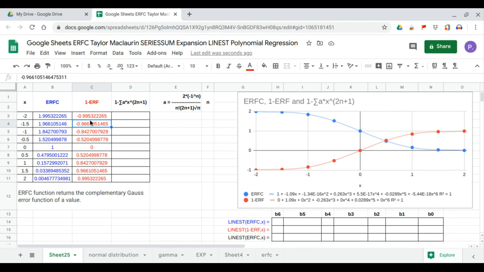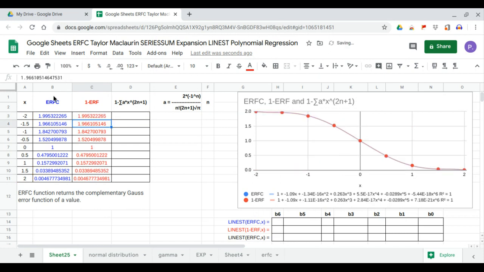The formula to get the value of ERFC is 1 minus ERF. So we change the formula to 1 minus ERF. Now we have the exact same values.